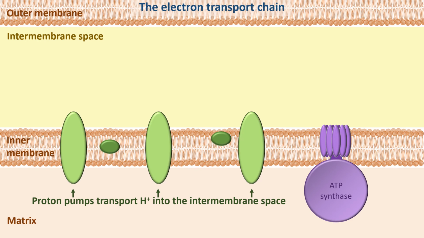Hence, people often refer to H+ as protons, not to be confused with the subatomic particle within the nucleus of atoms. This is proton used to refer to H+. So hence we have proton pumps. Those proton pumps are going to transport H+ from the matrix of the mitochondria into the intermembrane space.